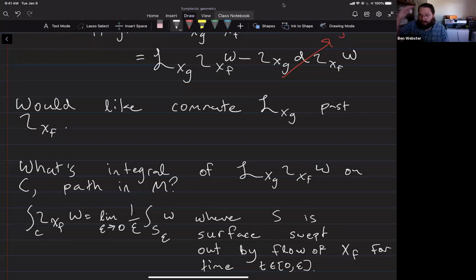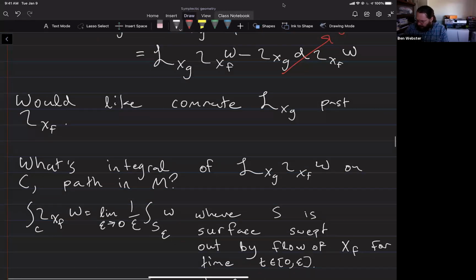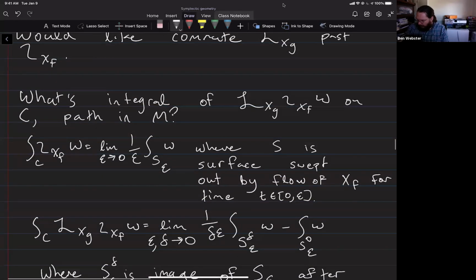The formula I'm going to tell you is valid for all degrees, but this is a one form, so let's talk about it in that case. So I want to integrate it against some path. It's useful to think about how I think about Lie derivative and how I think about contraction in terms of integrating against a cycle.